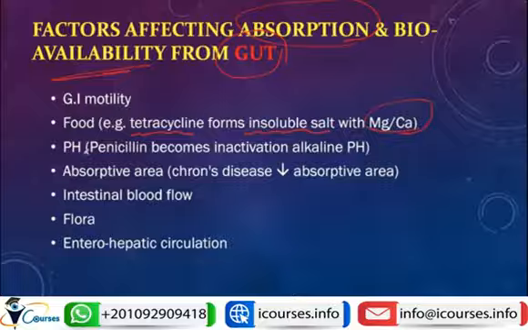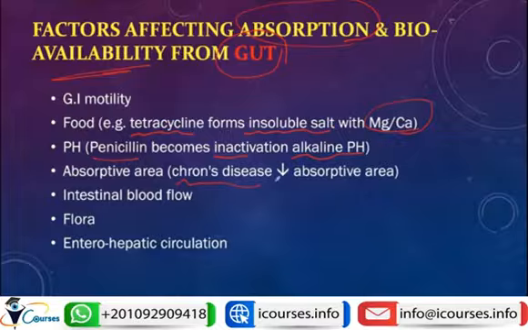The pH also can increase or decrease the bioavailability of the drug. For example, penicillin becomes inactivated by alkaline pH. Absorption area, as we said through Fick's principle: if there is an increase in the absorption area, this will increase the diffusion or the bioavailability.